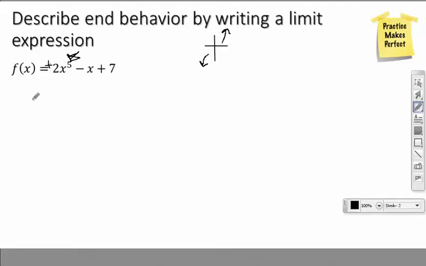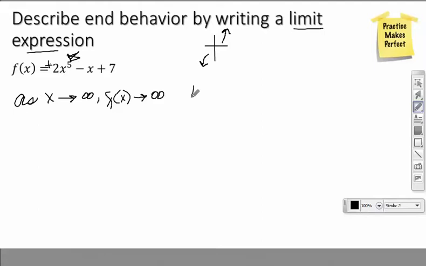So when we write that out, we say, as x approaches positive infinity, f of x approaches positive infinity. But the way they're telling you to write it, with a limit expression, this is what it looks like.